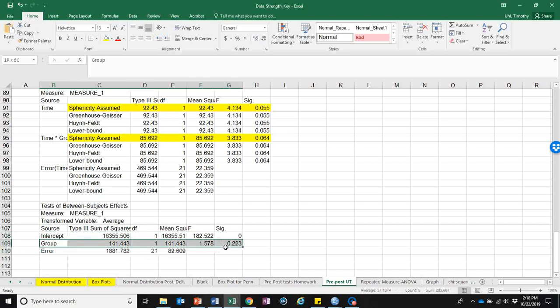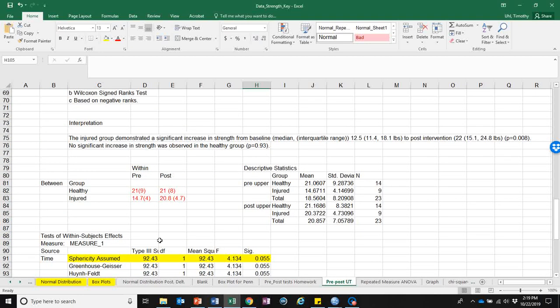So what we're looking for here is, is there a difference between our groups, between healthy and injured? And so this is taking the average of the two groups. So I'm just going to use this for an example real quick.